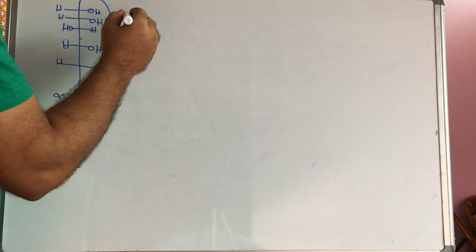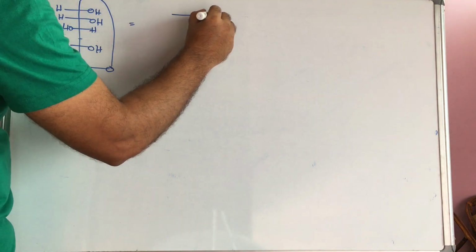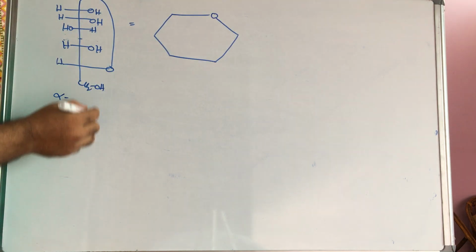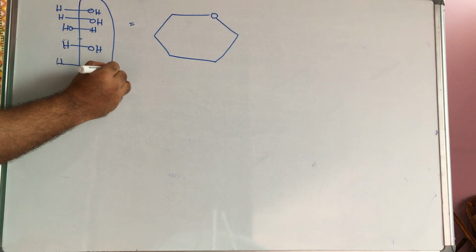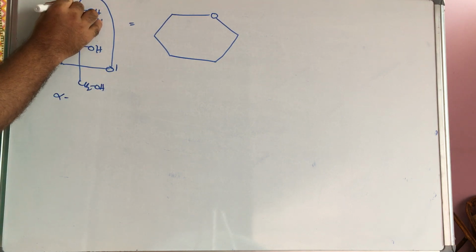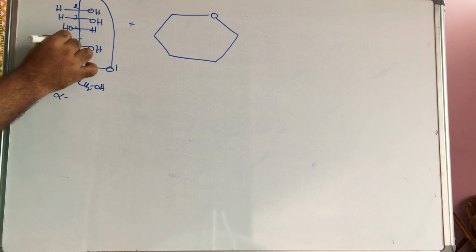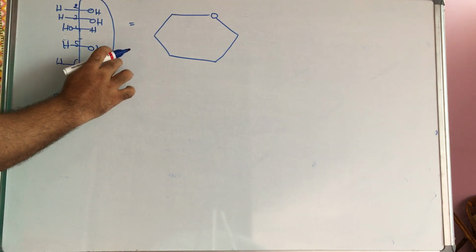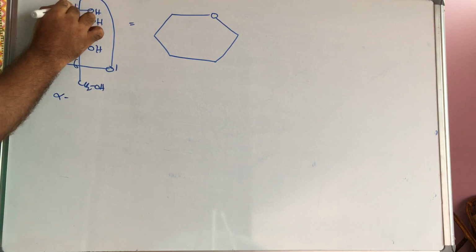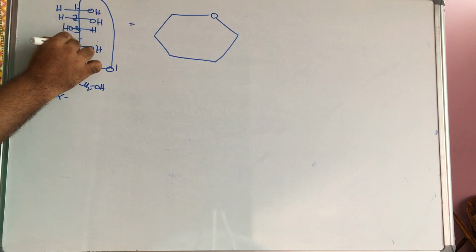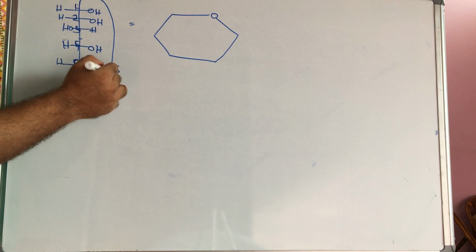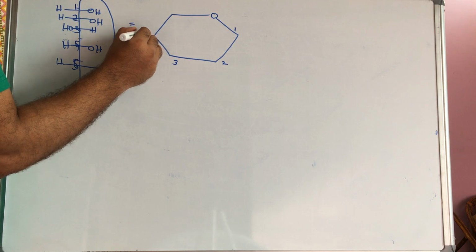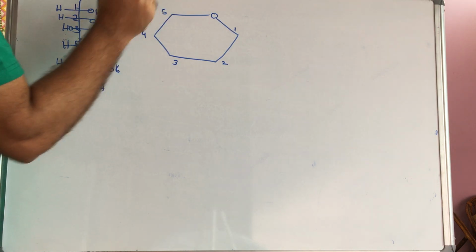The alpha form Haworth structure is like this. It is a six-membered ring. This is carbon one, two, three, four, five, six. With respect to carbon numbering, this is 1, this is 2, this is 3, this is 4, this is 5, this is 6.